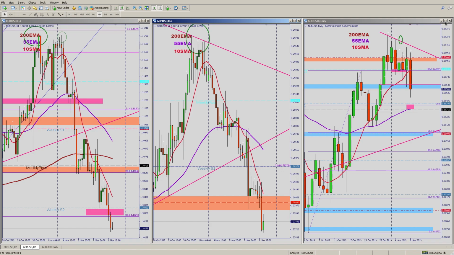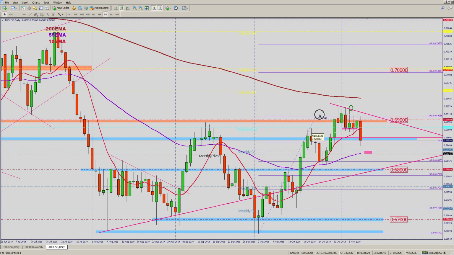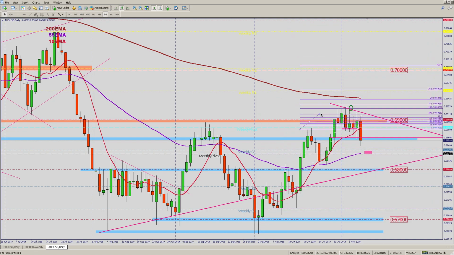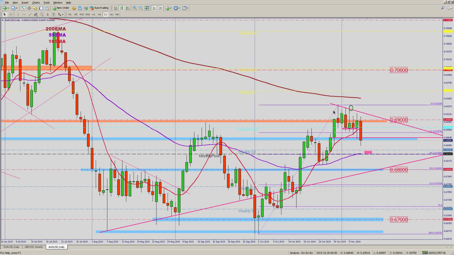Let's move on to the Aussie dollar. It followed suit with all the other major pairs and fell lower on Friday as the US dollar strengthened. And we can extend this fib now to try to find the retracement levels. And now the 38 fib retracement is sitting right at the monthly pivot as well, 0.6831.